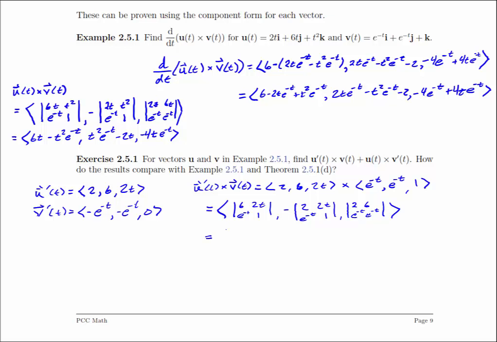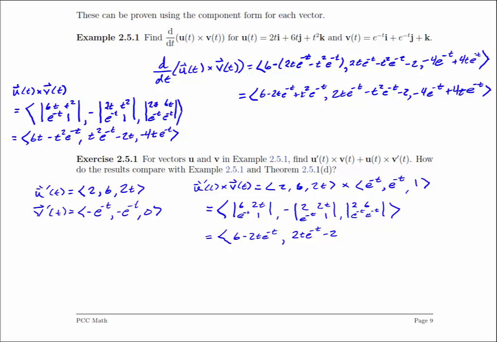And simplifying this down, we have 6 minus 2t e to the negative t, by doing 6 minus these two multiplied together. Here, I'll put the negative on in a second, so we do 2 minus these, but that switches them. So that's 2t e to the negative t minus 2. That's how I'm applying the minus right here.